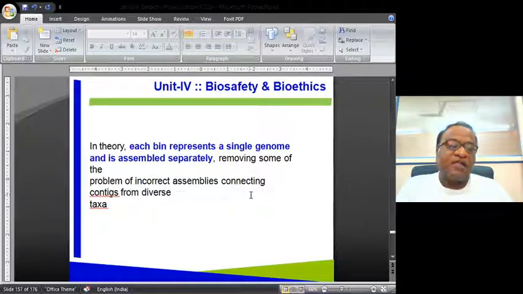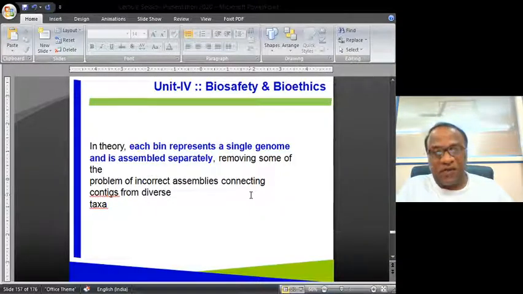Then what does each bin represent? Each bin represents a single genome and it is assembled separately. So if you just remember the discussion we had in the last slide, in either scenario, binning prevents co-assembly of mixed genomes.